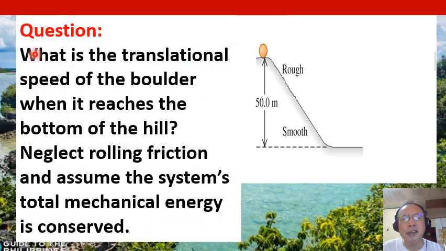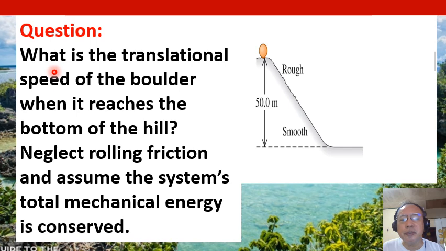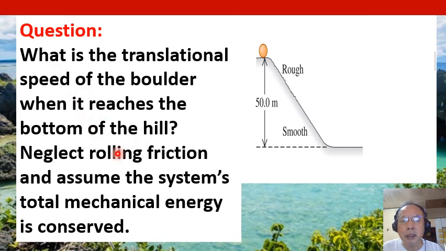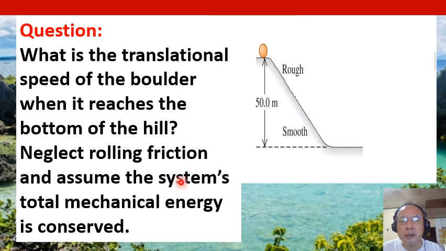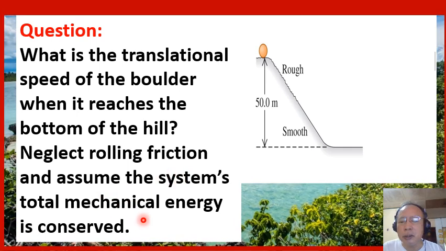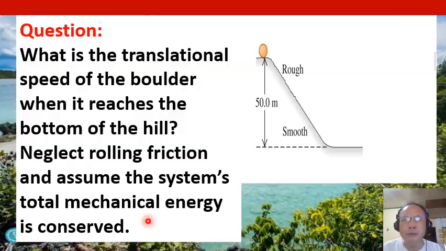The question is, what is the translational speed of the boulder when it reaches the bottom of the hill? Neglect rolling friction and assume the system's total mechanical energy is conserved.